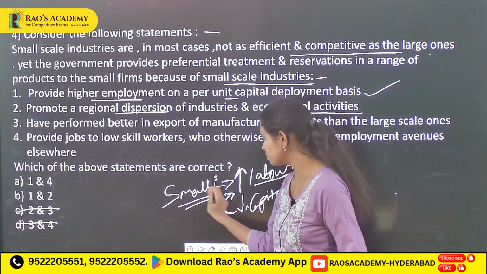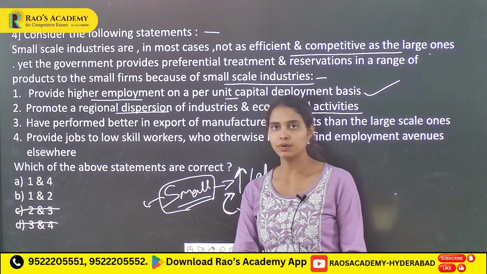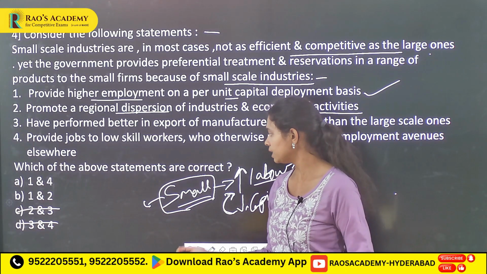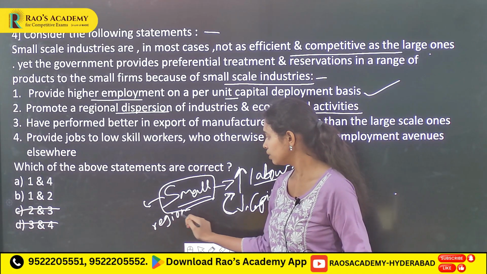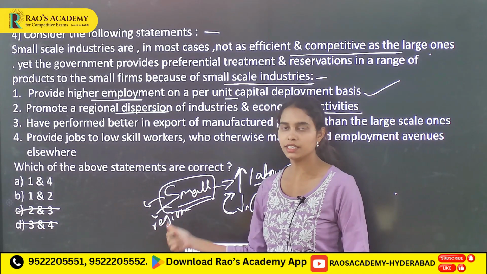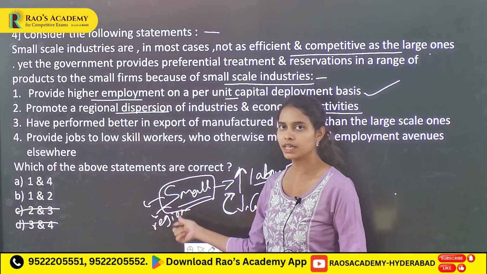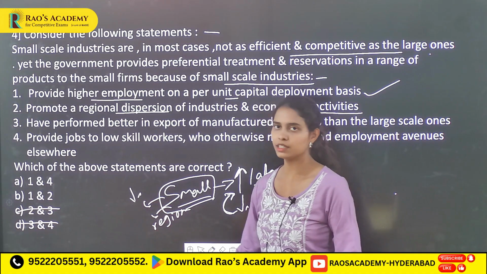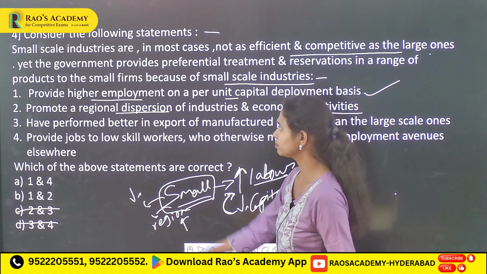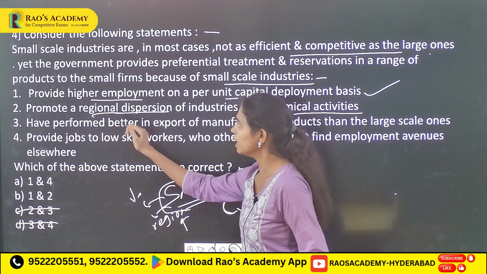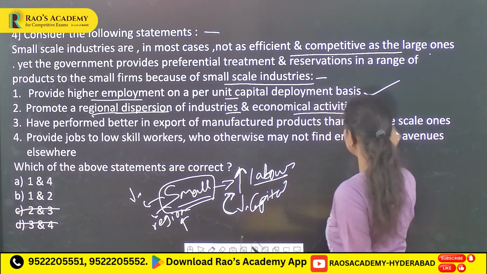But small scale industries can disperse to different rural and remote areas and can be established in different regions. So you get to see the decentralized establishment of these small scale industries. In this way, they can reduce regional disparities and also promote regional equality. Here it is given that it promotes a regional dispersion of industries and economic activities. It is a correct statement.